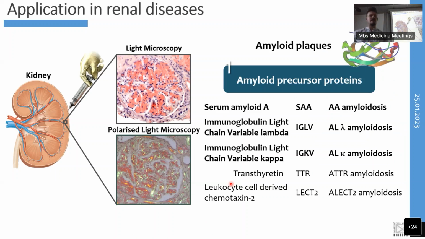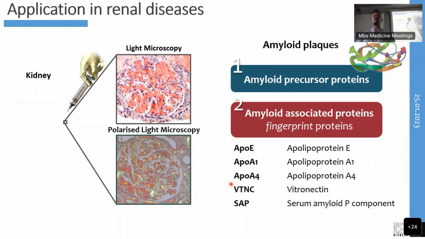But in addition to these precursor proteins, we also have some amyloid-associated proteins, such as various apolipoproteins, vitronectin, and serum amyloid P component, which also co-localize to these regions of renal amyloidosis. And for us, this was great because on the whole, MALDI imaging technology is quite adapted to detecting this family of proteins.